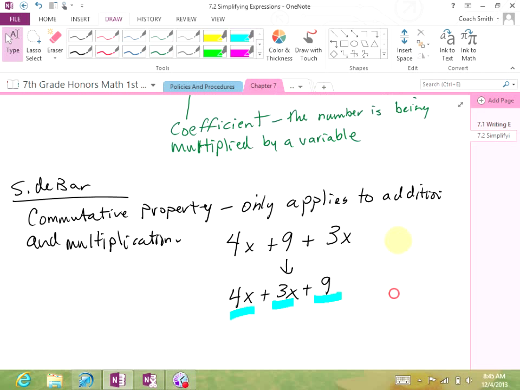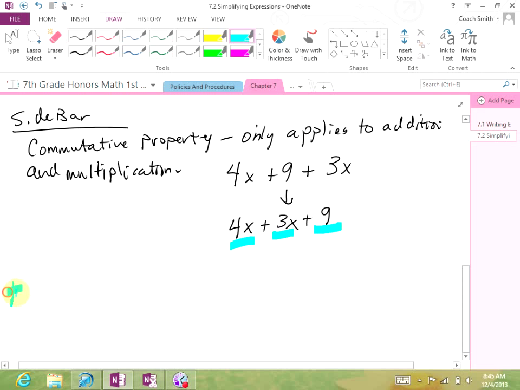So I could have, back to terms just for a second, 3x squared y plus 4yz minus 6abc.